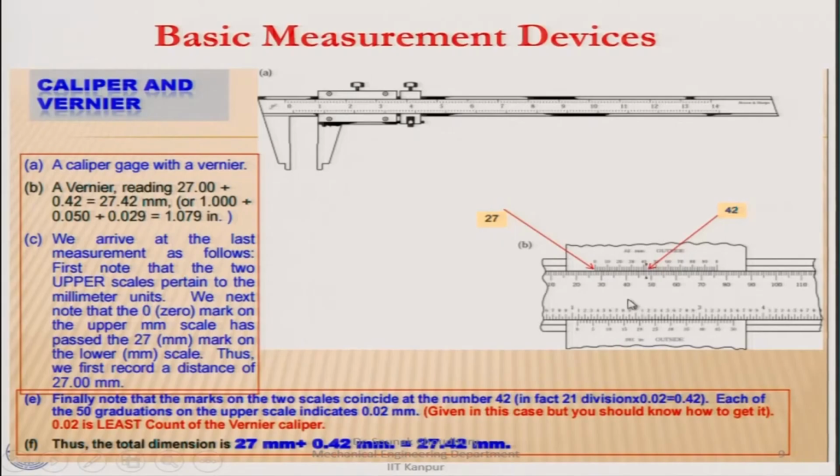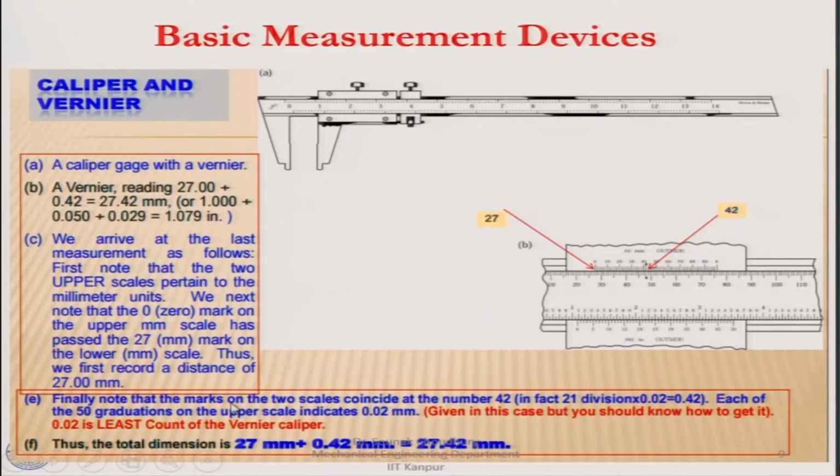That is, the main scale, whatever it is showing, that is the basic reading, which is showing as 27. Then we will see which line of the vernier scale is matching with the main scale. Let us say this is 42. Here, the 42 line is meshing with the main scale. Now, this will be 0.42.